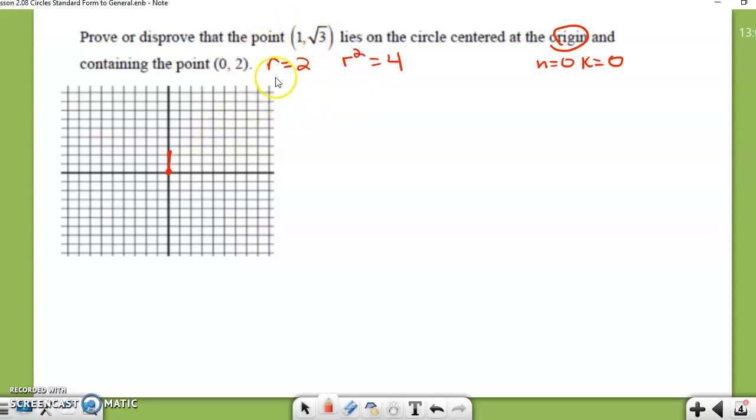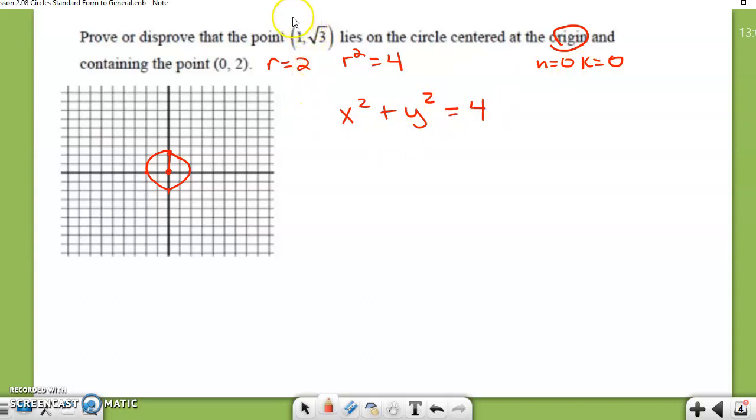That's kind of hard to plot. Even if I could draw the circle or sketch it, I'm not sure that I could tell whether the point lands on there. But I can write the equation of x squared plus y squared, because x minus 0 squared is x squared, and y minus 0 squared is just y squared, equals 4.